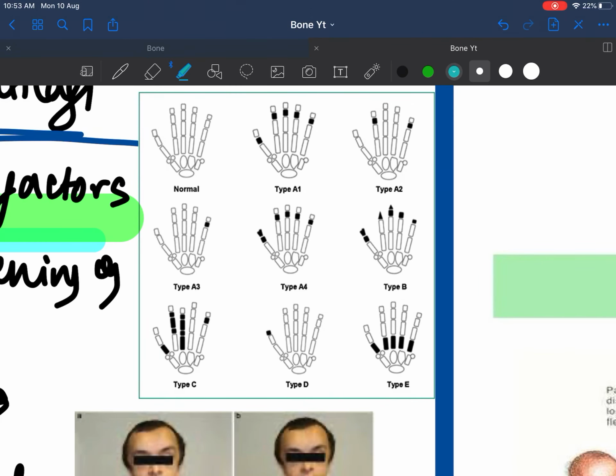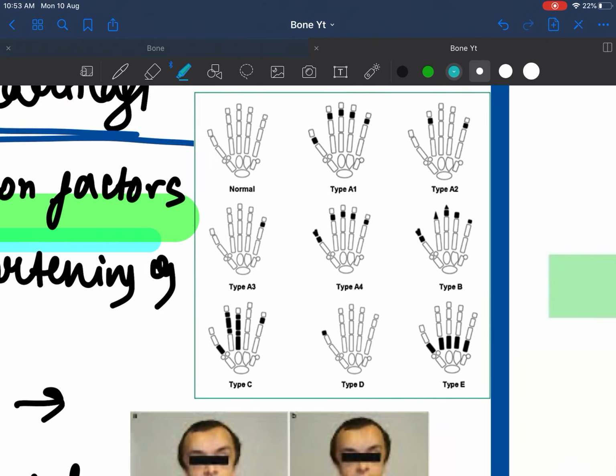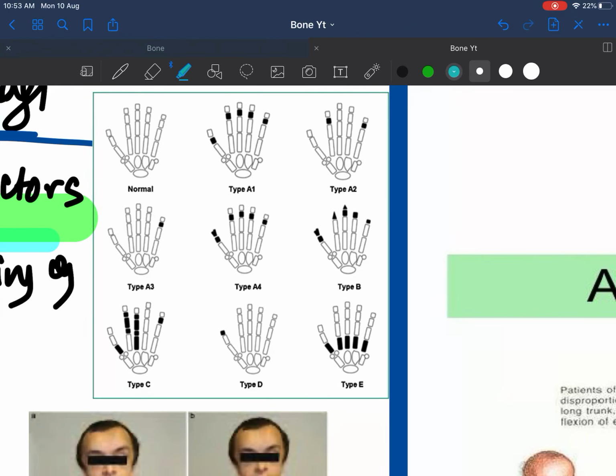It means the lesion, the problem, is localized to one or two bones rather than being a generalized problem which will involve all bones of the body. Typically the bones of the phalanges and the tarsals are involved, and the brachydactyly types that we have to study are the D and E types.